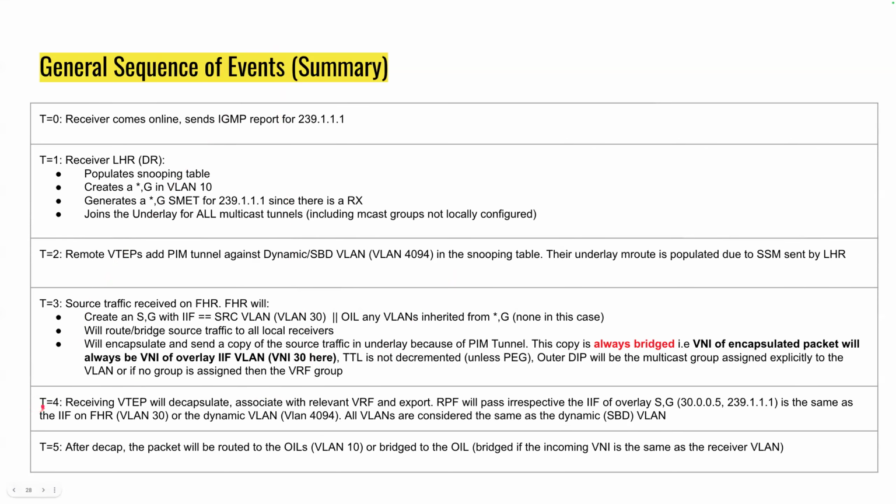At t equals 4, the receiving VTEP would decapsulate and associate it with the relevant VRF from the show VXLAN VNI output that we saw, and it would export. The RPF would pass in the imported VRF because it would be either VLAN 30 if the SVI is present locally, or VLAN 4094 again.